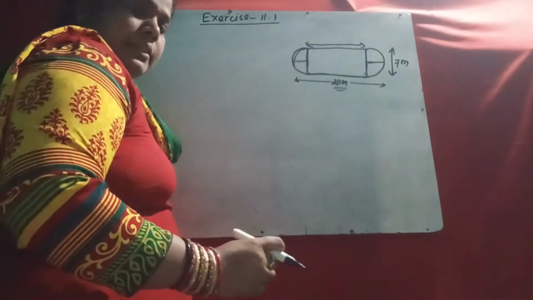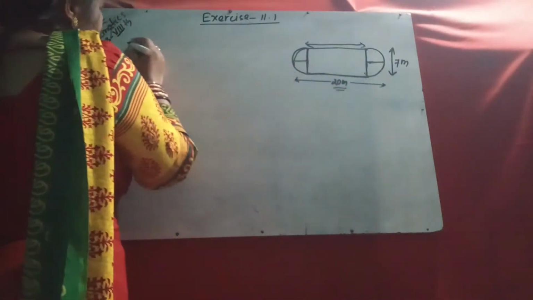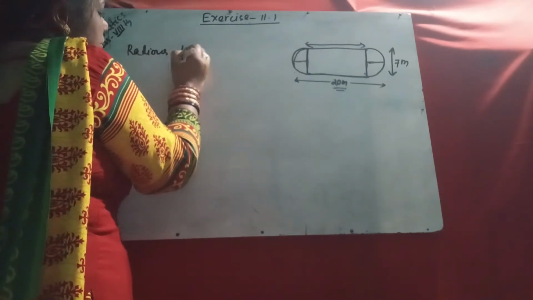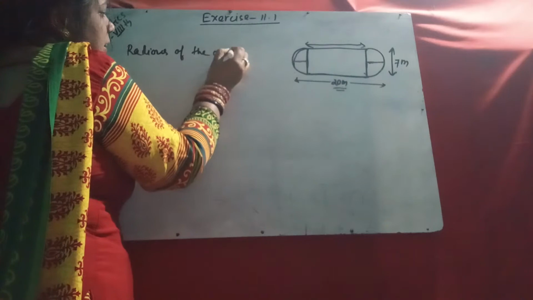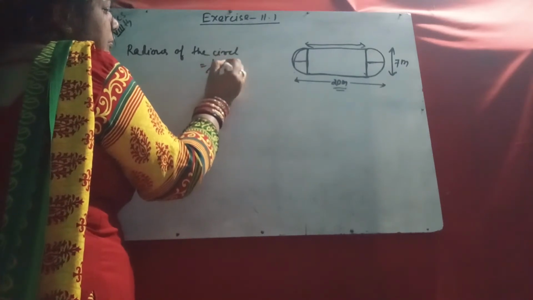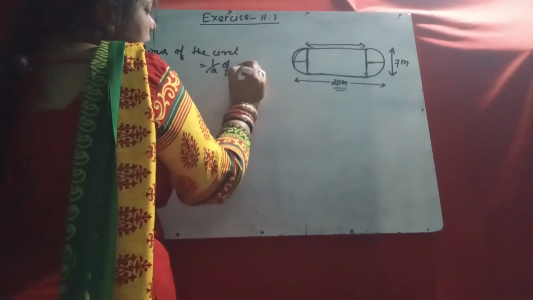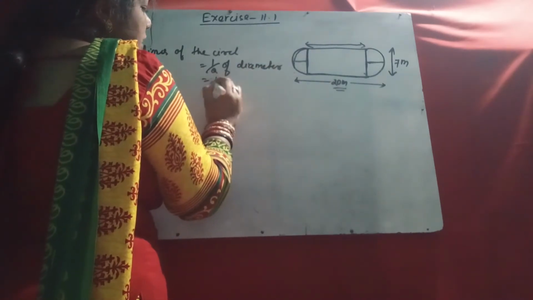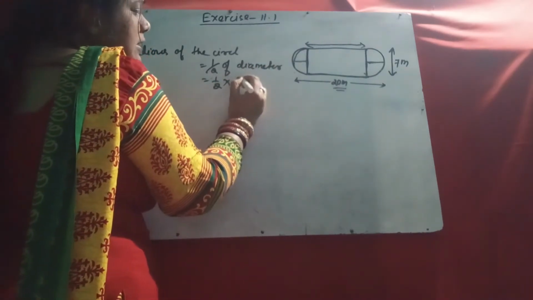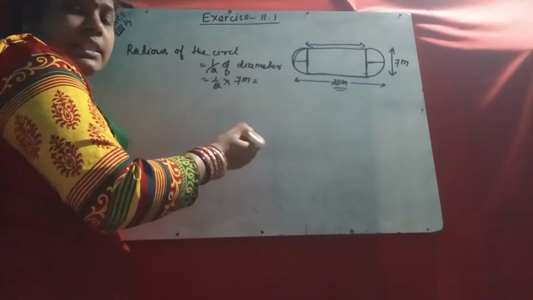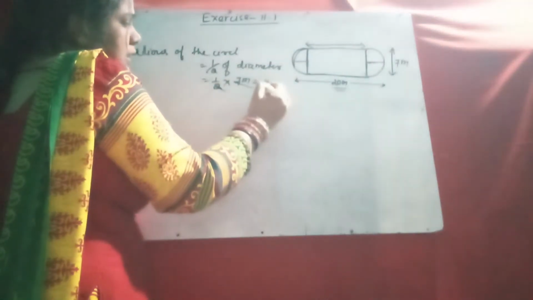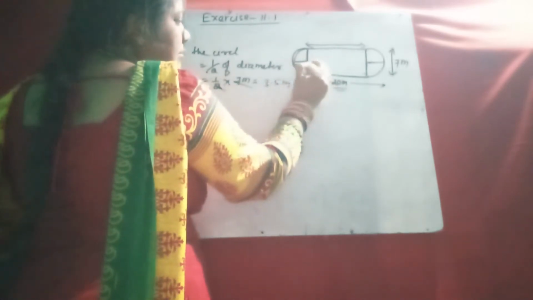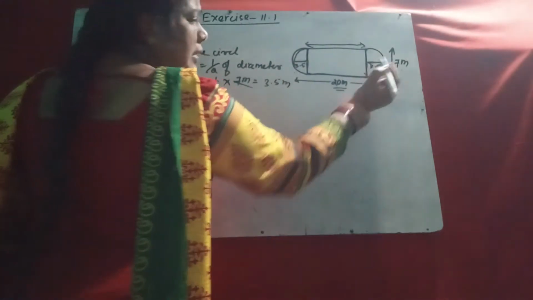So first, the radius of the circle is half of the diameter, which is half into 7 meter, which is 3.5 meter. So here it is 3.5, here it is also 3.5.